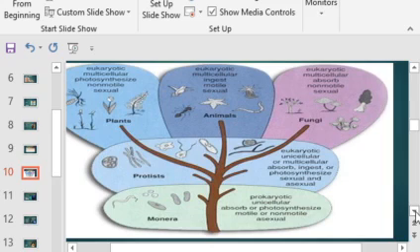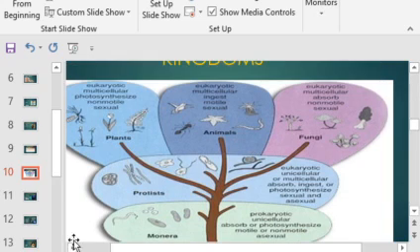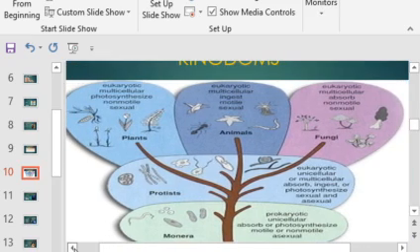Now, as we look at the upper part of this group diagram with the other three groups, we will realize that all of these three groups, along with the protists, they are eukaryotic. That means they have their chromosome encompassed with nuclear envelope, and they are all multicellular as well.